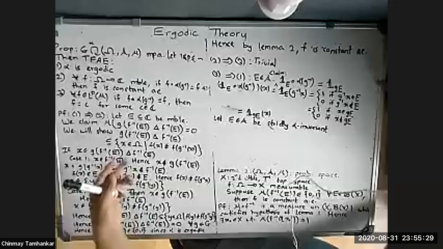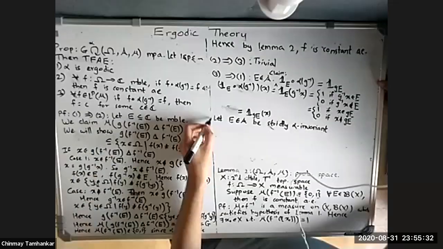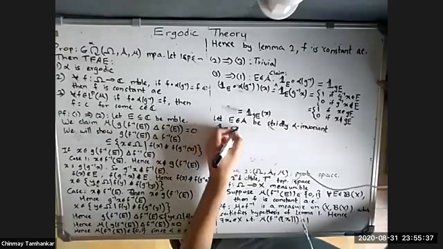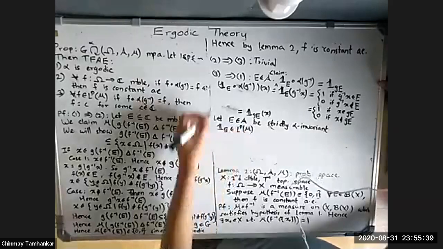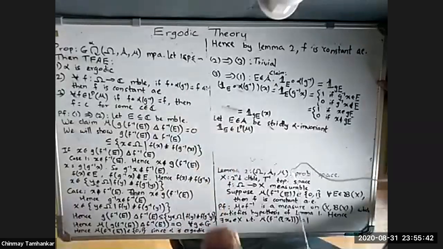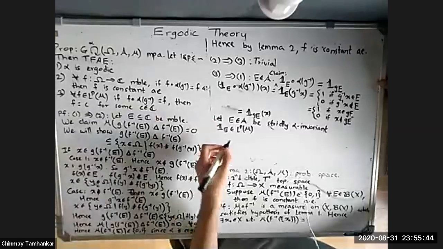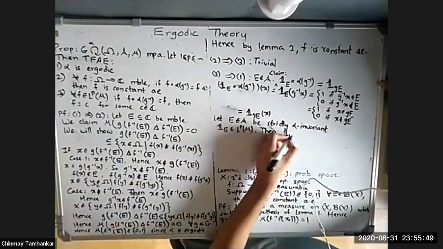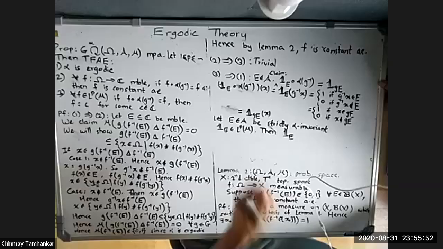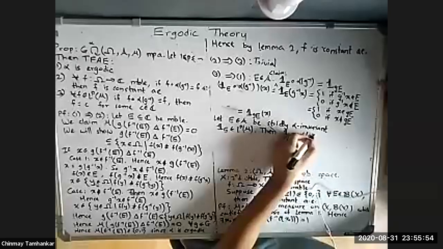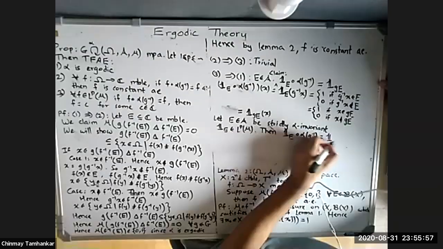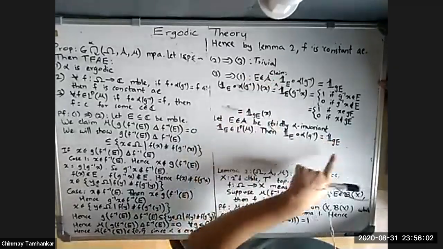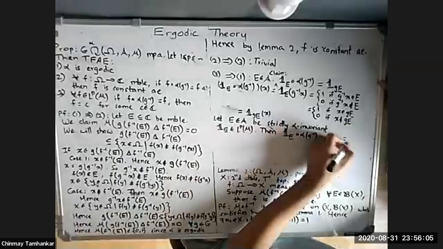Whatever P is, since this is a probability measure, the characteristic function of E is always in LP mu, since mu is a finite measure. The 1E composed alpha G inverse is 1 of G E, which is true for any measurable set. But now this E is strictly alpha invariant, so this is again 1E.